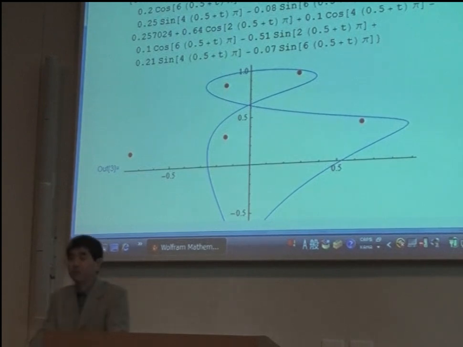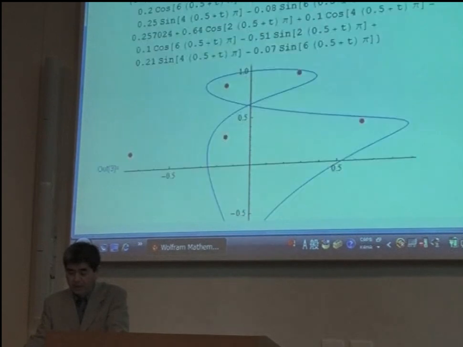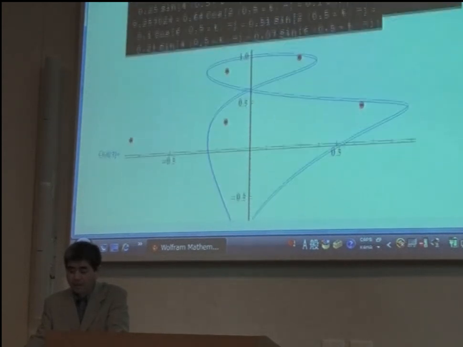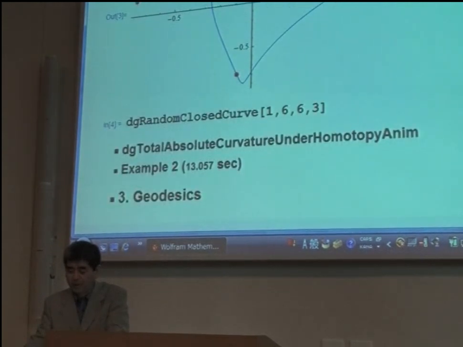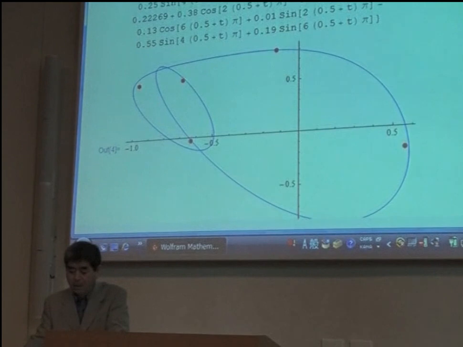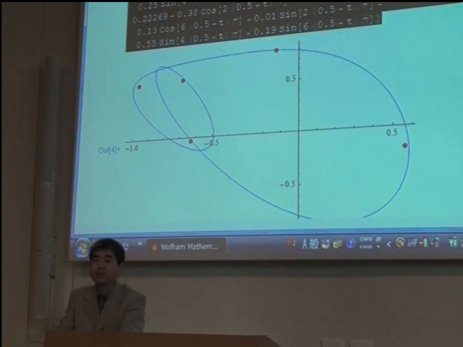All commands in this talk are input in advance to save time. This is a randomly generated closed curve, and this is its parameterization. Every time we enter this command, we obtain different curves. Since they come with this parameterization, we can treat them differential geometrically by making use of Mathematica.